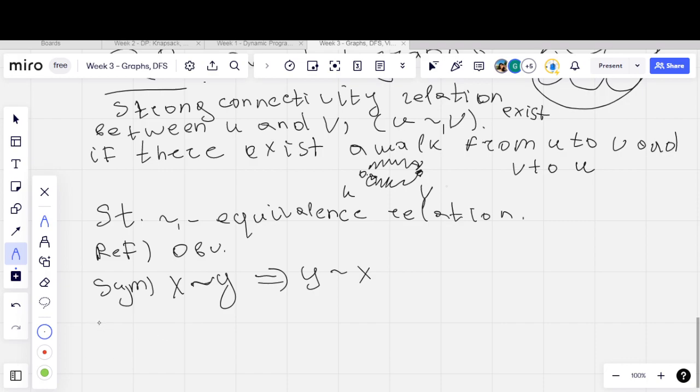And transitivity. We have some walks, then we have a walk from A to C.